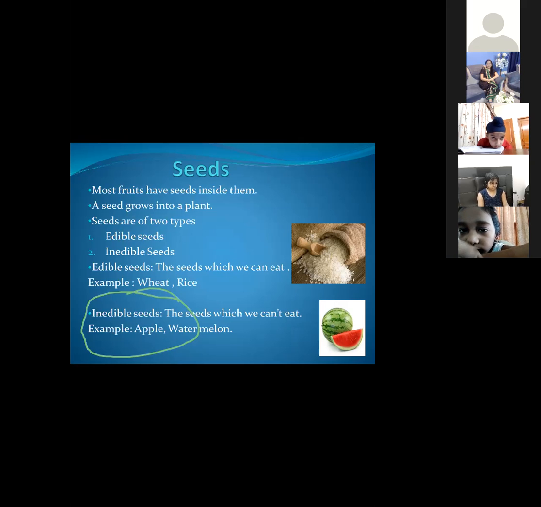The seeds which you do not eat, like apple.